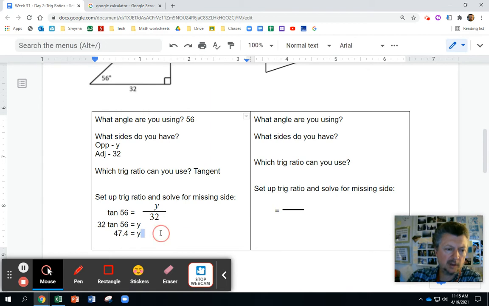Again, you don't need a times symbol in here. It will be multiplied automatically. That's how the math notation works. Like if you put a 32x, it's 32 times x.